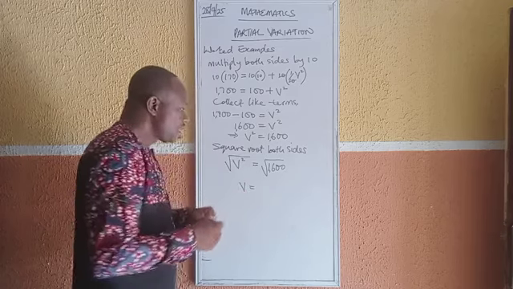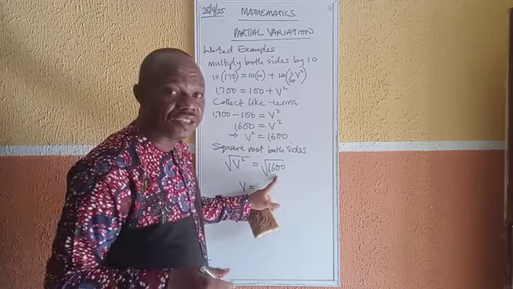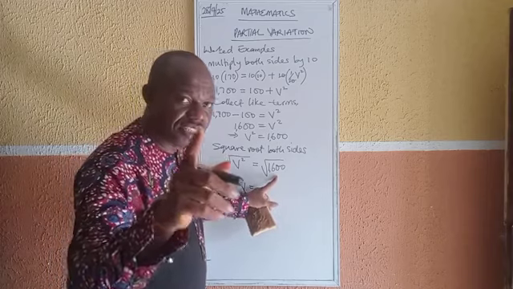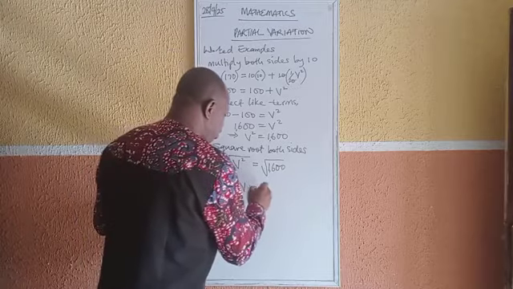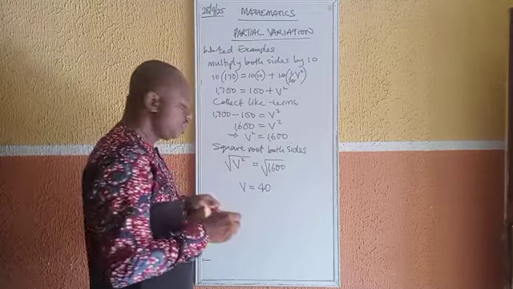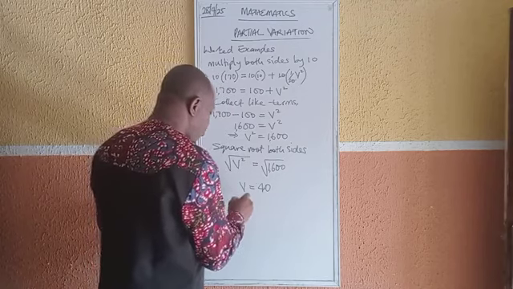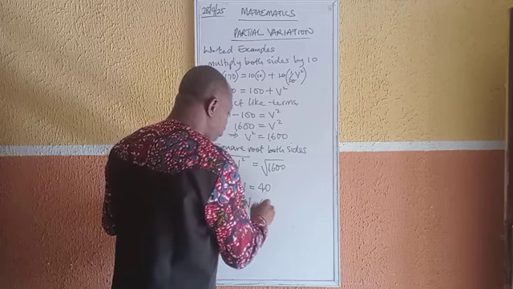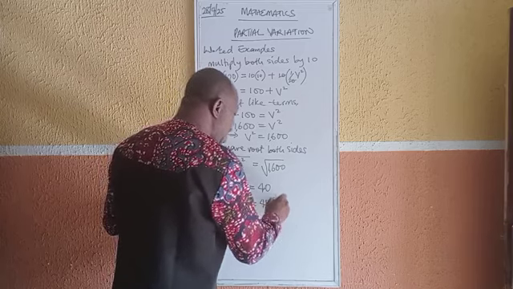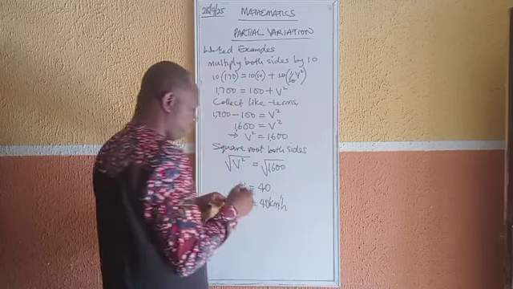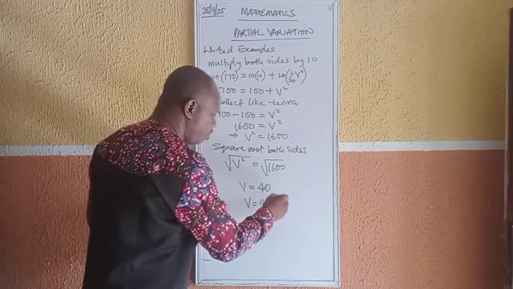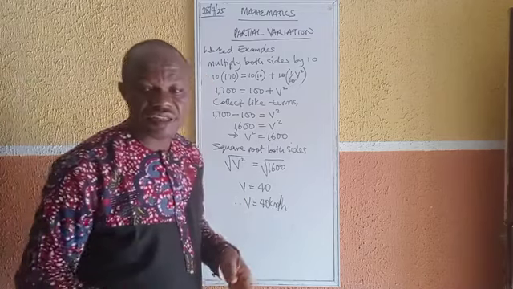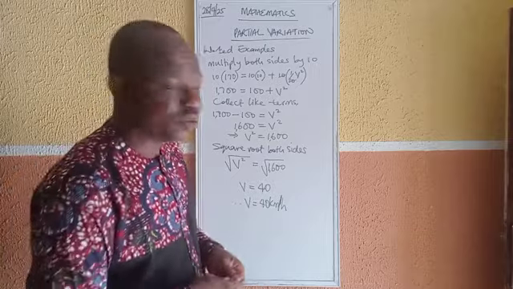V. And what is the square root of 1600? Yes, you are correct. That is 40. So therefore, the velocity is 40 kilometer per hour. Always remember to put a unit if a unit has been given to you.